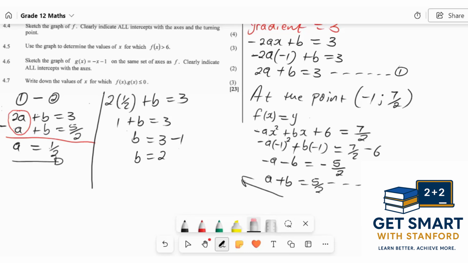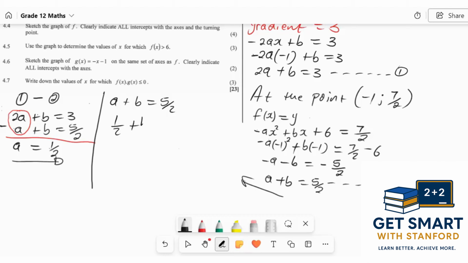But now let's just continue and substitute into the other equation just to prove that we will still get the same answer on this equation number 2. Then what's a? It's half plus b equals 5 over 2. Then we'll have b equals 5 over 2.